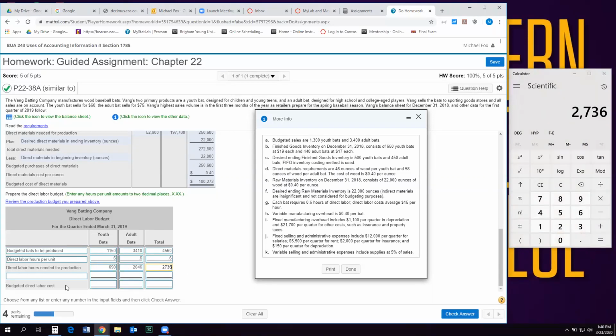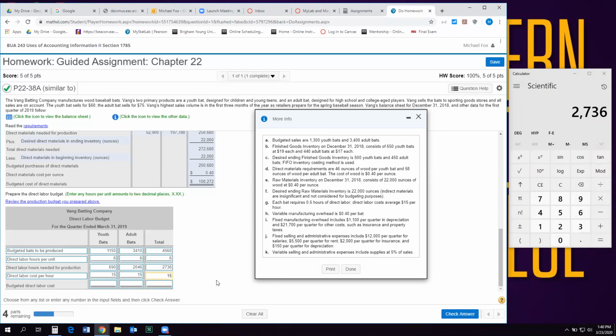And then, now that we know how many hours, we're going to say, well, what's our direct labor cost per hour? And again, it tells us here, direct labor costs average $15 per hour. That's actually pretty cheap. And again, our total will be 15.